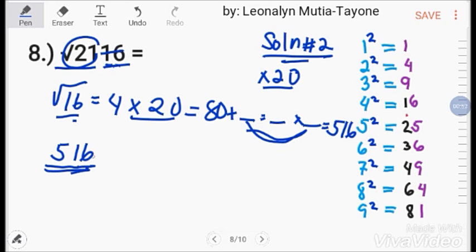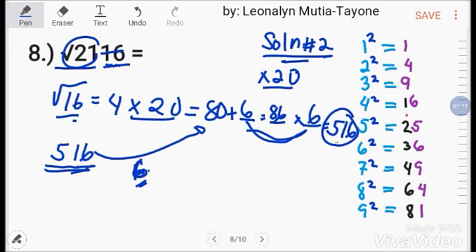So, 516, i-divide mo ng 80, or ilang 80 ito, estimate that is around 6 something. So, we will use this 6 as pang-add natin dito. That is 86. I-multiply din natin ng 6. And the answer is 516.